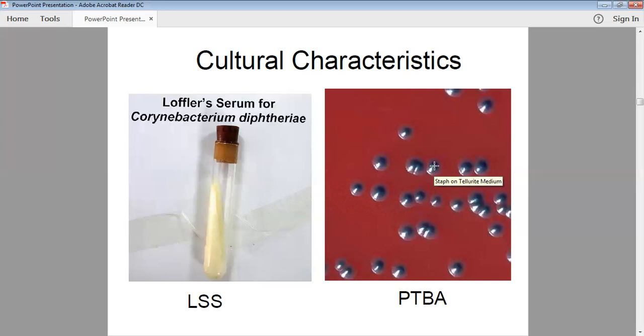So these are the two media most commonly used for routine isolation of Corynebacterium diphtheriae: Loeffler's serum slope for early diagnosis, and potassium tellurite blood agar as a selective medium, though it takes time, which is the disadvantage, 48 hours. Hoyle's and McLeod's media are also used for isolation of Corynebacterium diphtheriae.